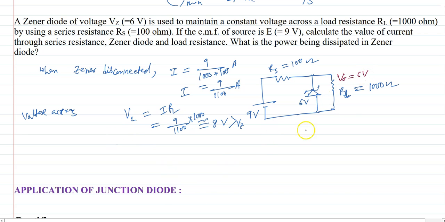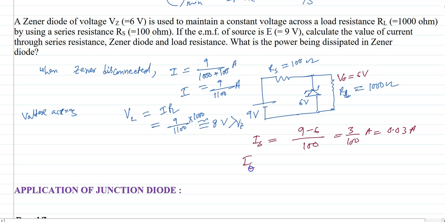So now we can calculate the current through RS. IS, the current through RS, will be 9 minus 6 by 100, means 3 by 100 ampere, 0.03 ampere. This is IS.